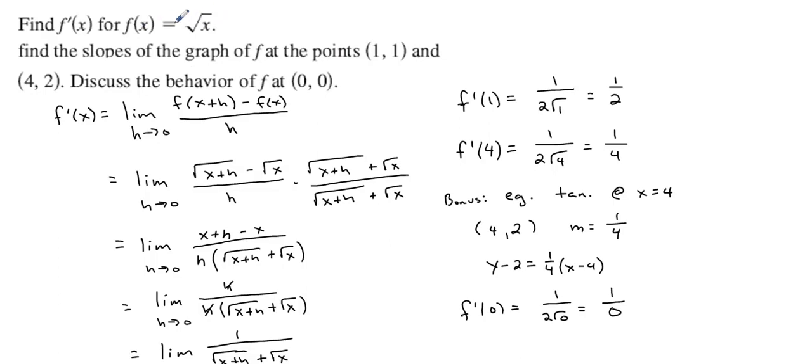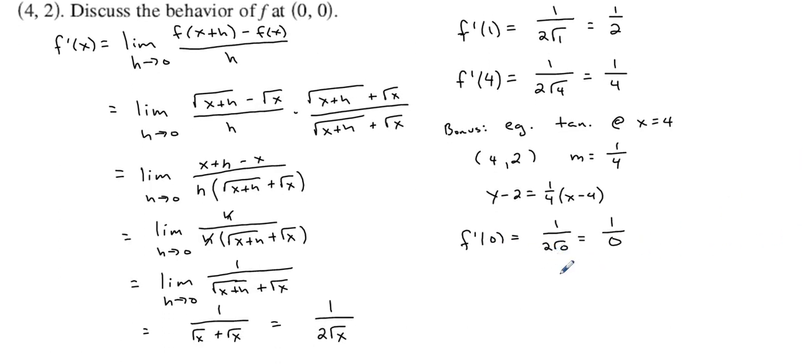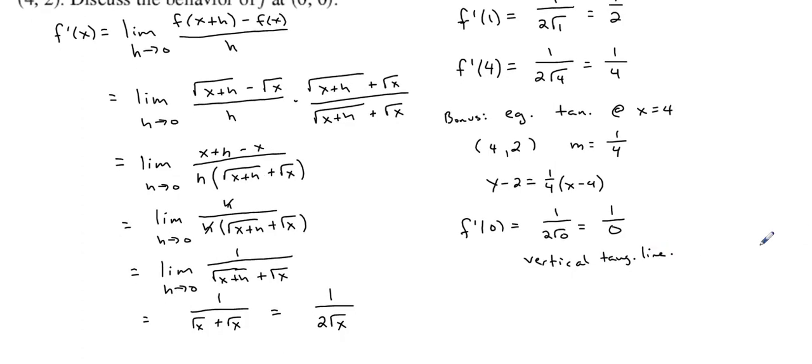It is on the graph of f. We plug in 0 into the derivative. The slope of the graph when x equals 0 is undefined, therefore vertical tangent line, right? Okay, vertical tangent line.